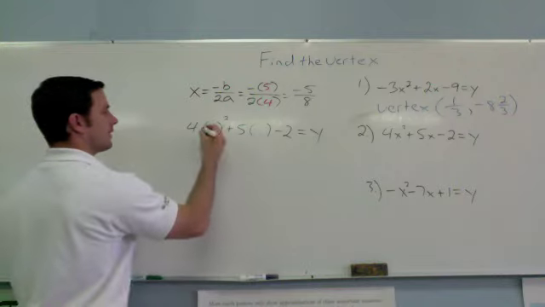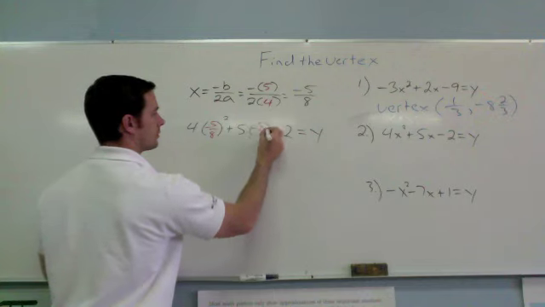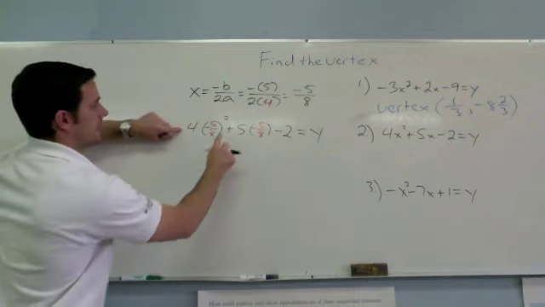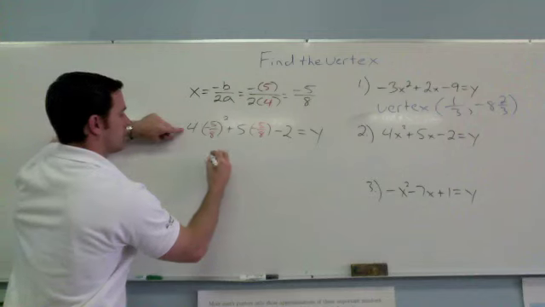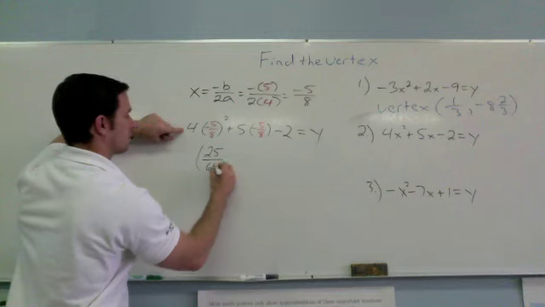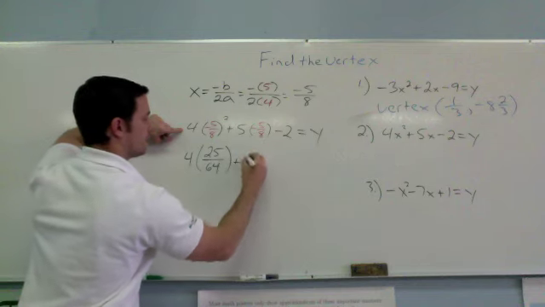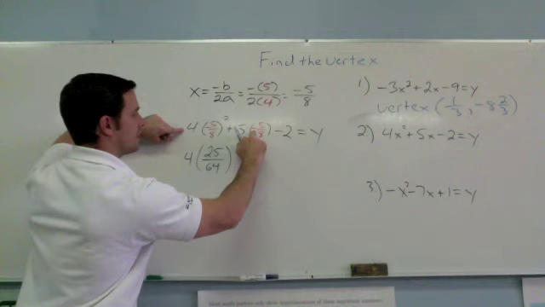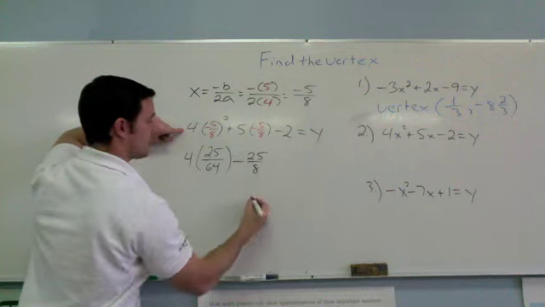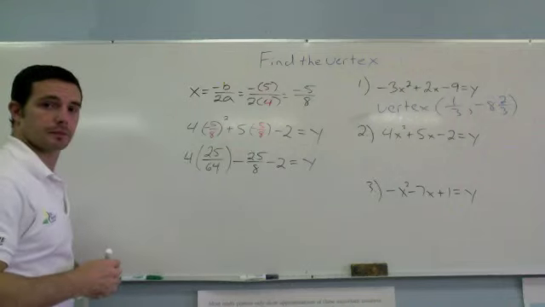If I plug in negative 5/8, from here, 5/8 to the second power. That's going to give me 25 over 64 times 4 plus 5 times 5, and it's a positive times a negative, so negative 25/8 minus 2 equals y.